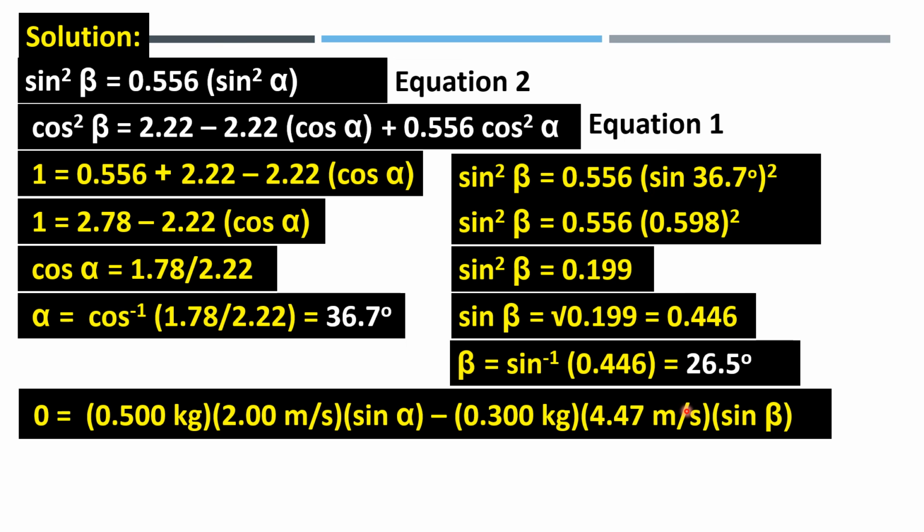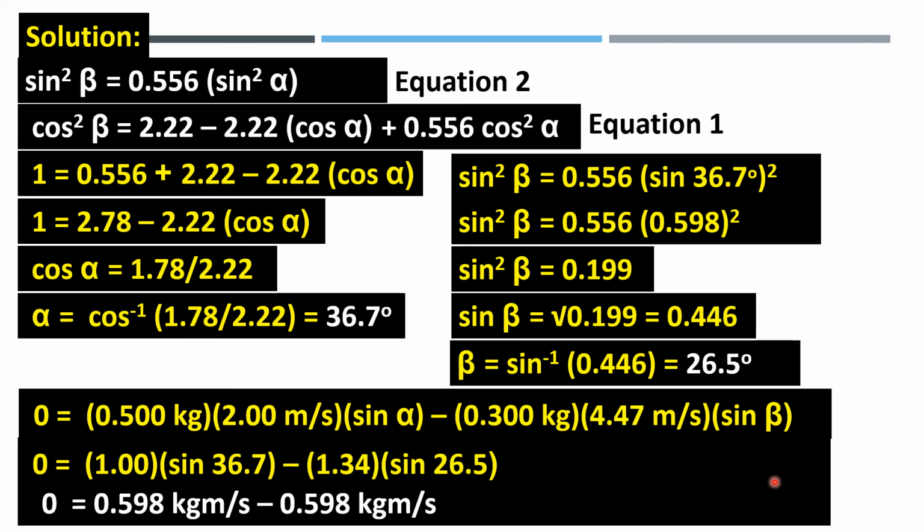Okay, so we simply substitute the given quantities that we have here, and then simplify, and finally what we get is that this part of the equation gives us the value for the momentum amounting to 0.598 kilogram meter per second, and then for the y component downward or along the negative y axis, we also get 0.598 kilogram meter per second.